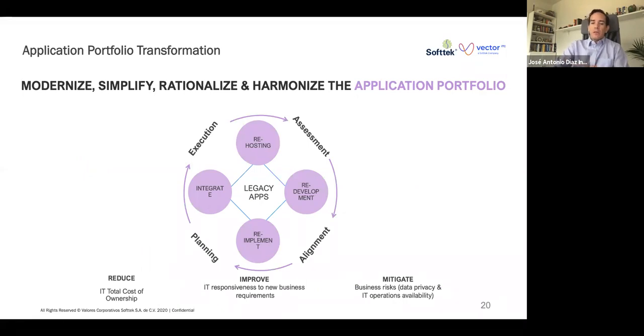If they're legacy applications, which means that they're very old, you can rehost them, you can change them from scratch, you can do improvements to them, you can continue doing enhancements and spend money like that, but they're still going to be old, or you can integrate them and look at the technology that you have available and talk to a partner like Vector or Softec to see what options there are in order to evolve. That way you're going to be able to reduce the cost. And again, remember, the cost is not only the amount that you spend on server management or infrastructure or applications. There are a lot of other costs that we call the IT total cost of ownership.